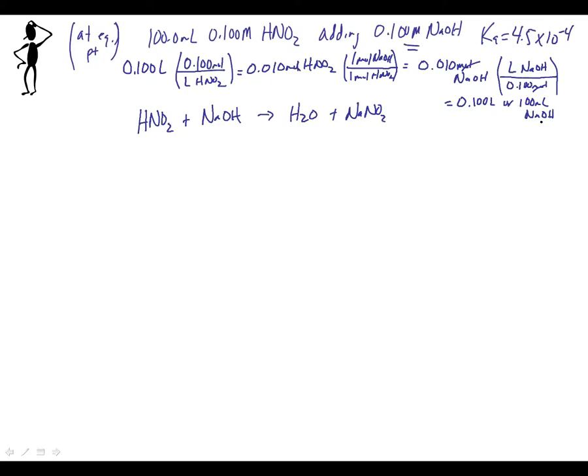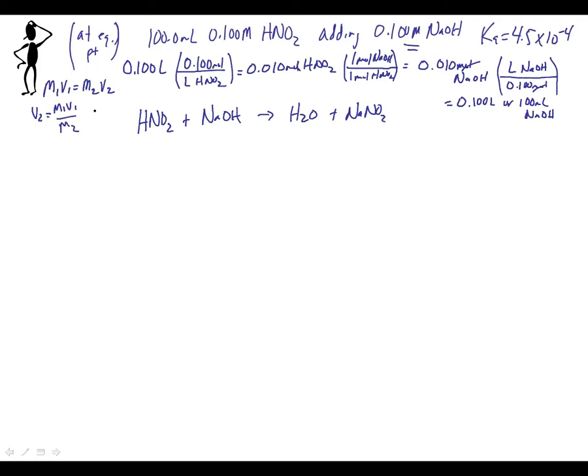Because this is a 1-to-1 relationship between the acid and the base, you could also figure it out with the dilution equation, M1V1 equals M2V2, where we would be solving for V2, which would be M1V1 divided by M2.